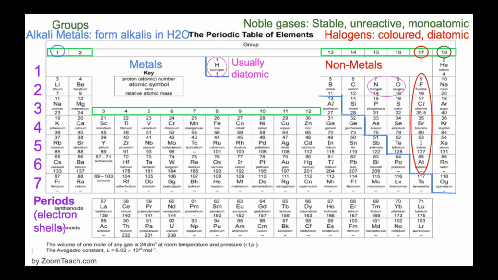Now, the word stable is very important when it comes to chemistry, because when we're dealing with metals and non-metals, a lot of the metals and non-metals, they will react with each other with the purpose of achieving a stable electronic structure, or some of us might say a full octet or duplet structure, right? Which is the structure that the group 18s have, which is the structure that the noble gases have, okay?